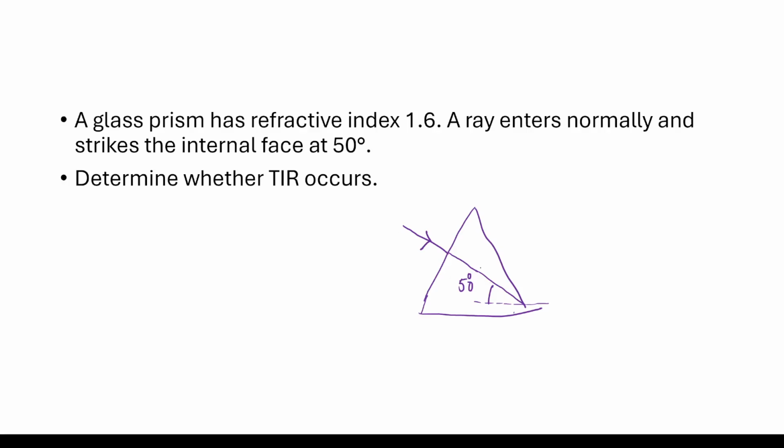Now from this face, this is your N1, this would be N2, because it will go from denser glass to rarer air. My critical angle would be using N2 over N1. N2 is 1 because it's going into air, and N1 is 1.6.